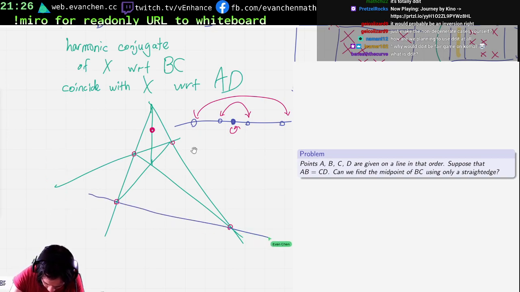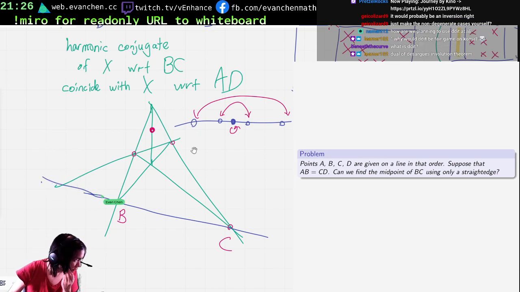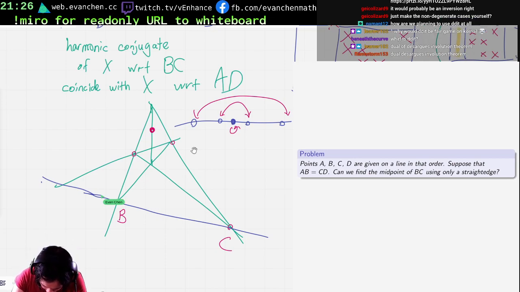So let's take 2 of the points as like B, C, like that. And I want to put the green picture on it somehow. So A and C, A and D I should think of as given as wherever they are.